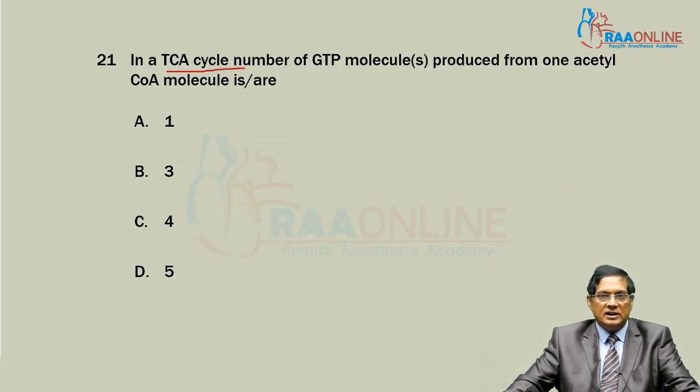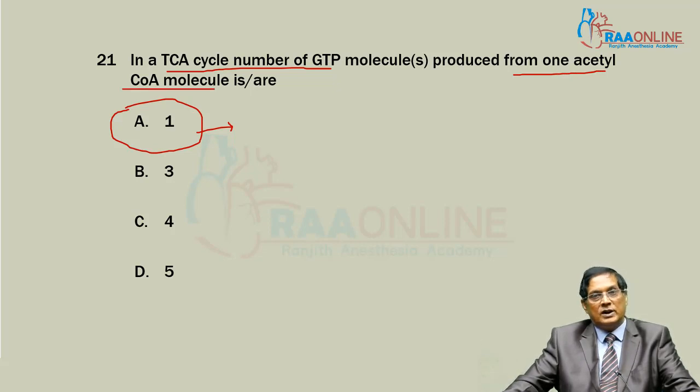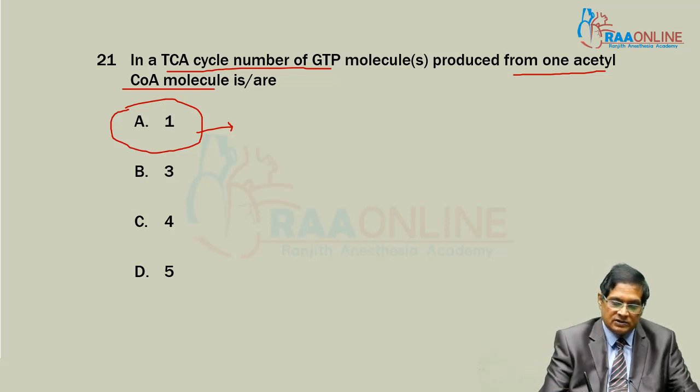Then the number of GTP in the TCA cycle I have already mentioned, that is 1 per Krebs cycle. Because here, see this number 1, acetyl coenzyme A is given. If 2 acetyl coenzyme A are there, then we can say 2. Actually, see this one. In glycolysis, glucose forms 2 pyruvic acid.